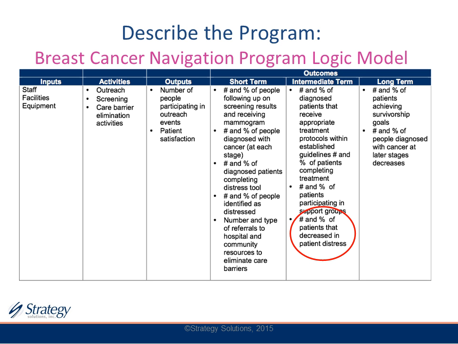Now, if your organization is accredited by the Commission on Cancer, look at the intermediate-term outcomes on this example logic model. There are specific treatment protocols, and my next slide might even have the treatment protocols from the Commission on Cancer. Those are part of your intermediate outcomes. You're already reporting those, okay?